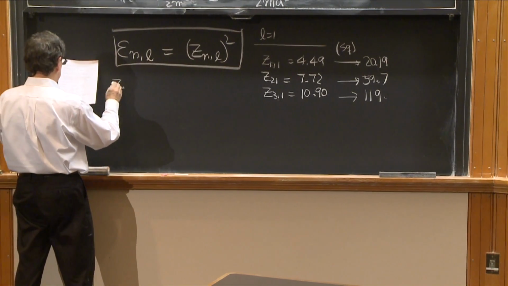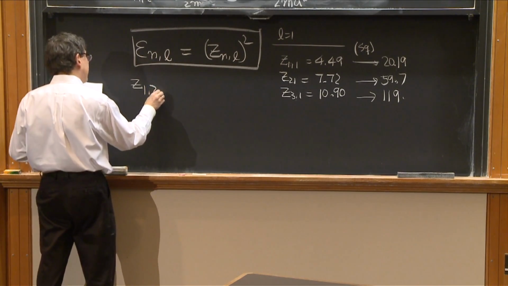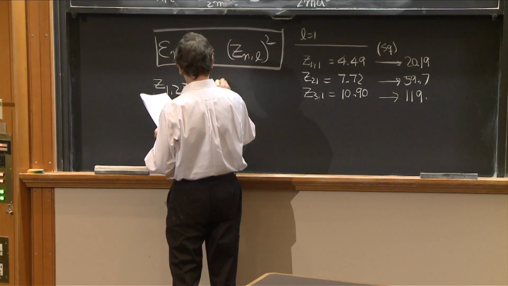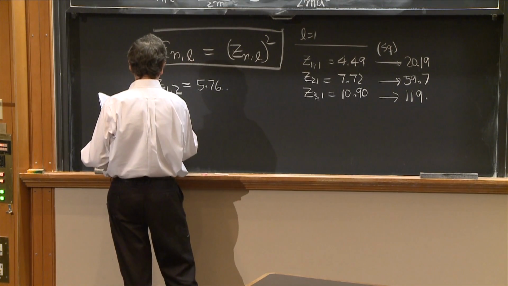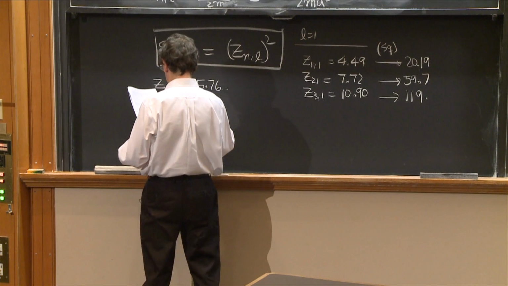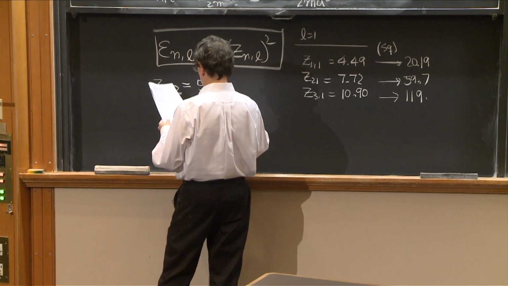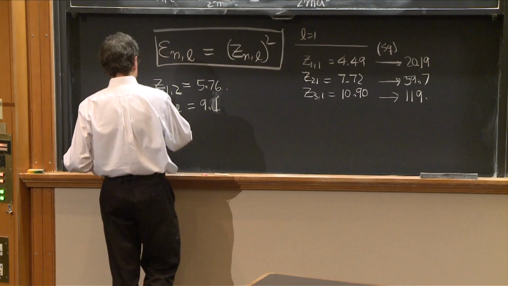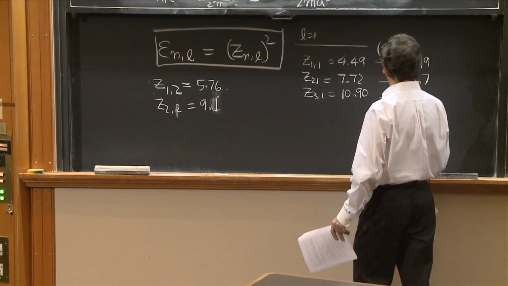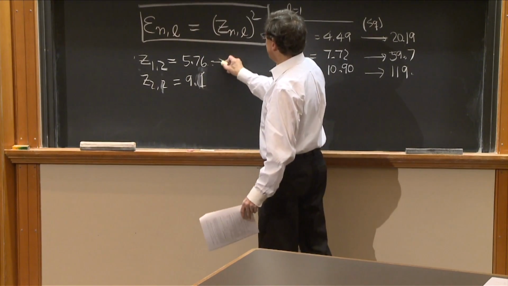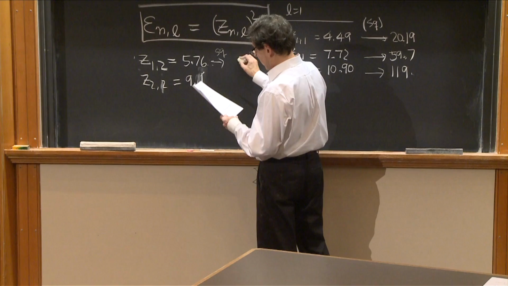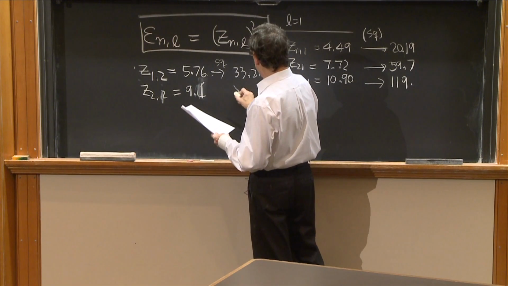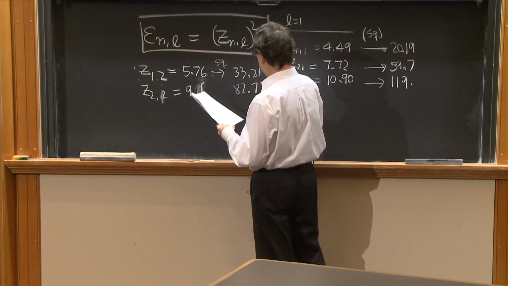Then you have the other zeros. First zero for l equals 2 is 5.76, roughly. Second zero for l equals 2 is 9.1, roughly. And if you square those to see those other energies, you would get, by squaring, 33.21 and 82.72.